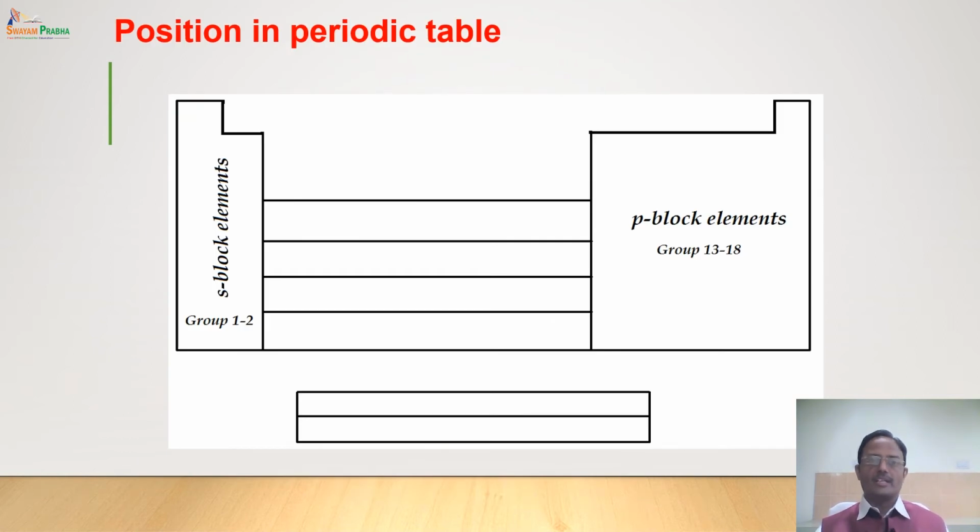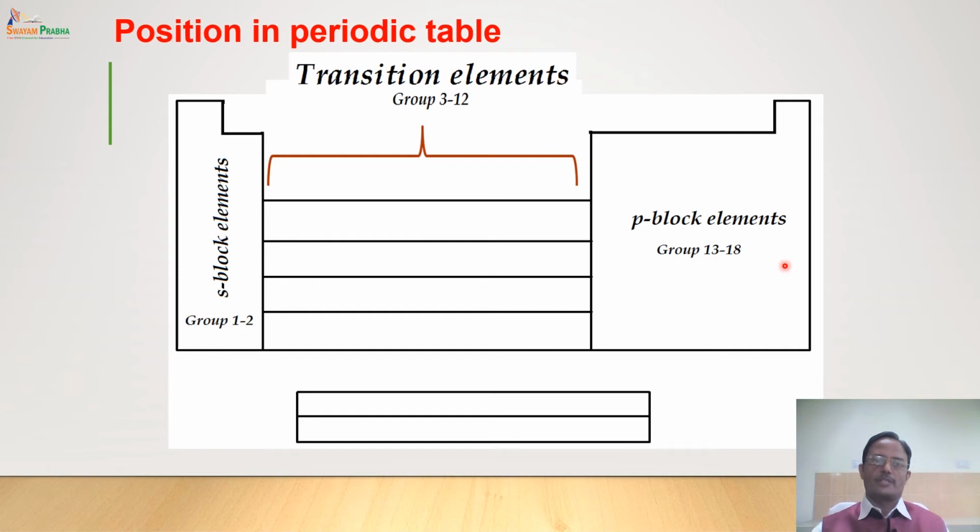Now where are these elements placed in the periodic table? If we see the skeleton of the periodic table, on the extreme left side you have s block elements placed in group 1 and group 2. On the extreme right side you have p block elements placed in group 13 to group 18. In between them there is a space for transition elements, placed between s block and p block elements in group 3 to group 12.